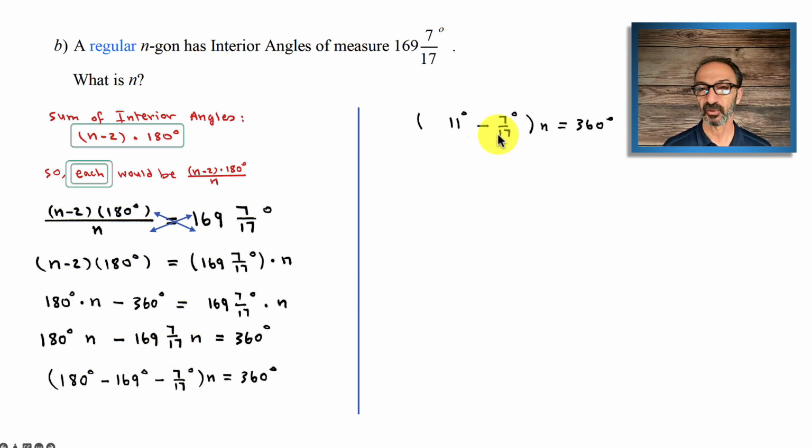Now to do this one more time, I don't want to do common denominator or calculators. Let me show you another trick. 11 is 10 plus 1. So instead of writing 1, I'm going to write 1 as 17/17. You can see how I'm going to subtract the fraction. 17/17 minus 7/17 is 10/17.